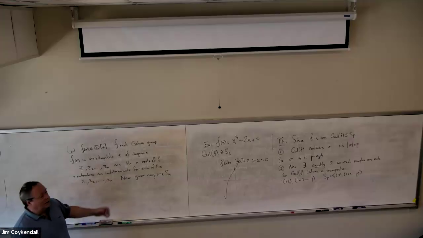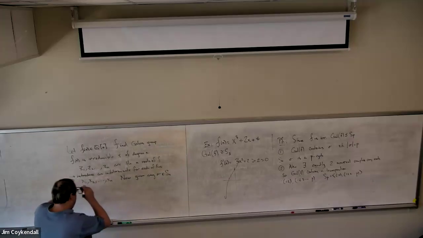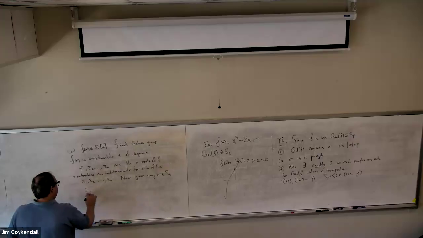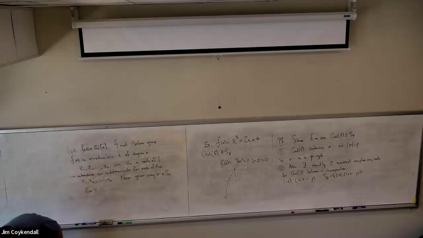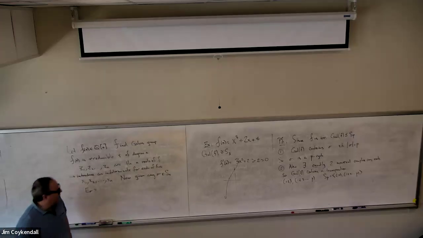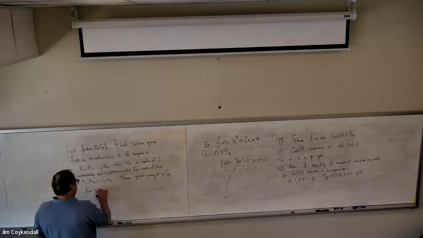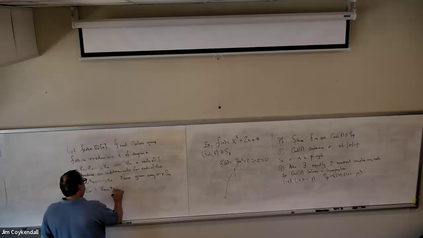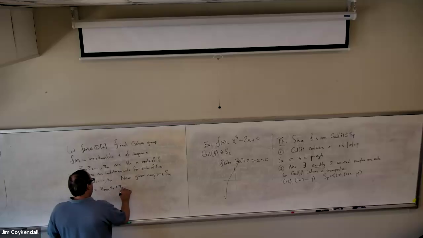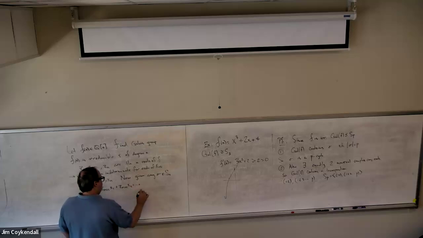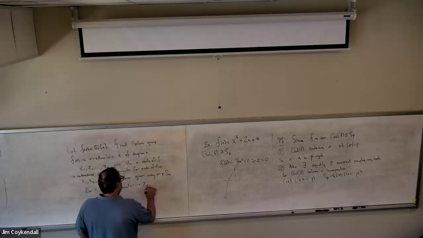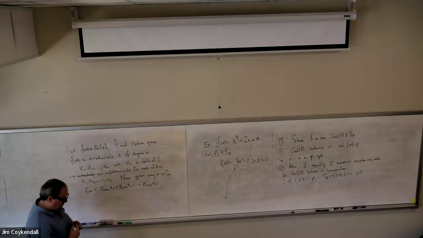There's n factorial of them. I'm going to define E sub sigma to be this polynomial in variables given this way: Z sigma 1 x1 plus Z sigma 2 x2 all the way up to Z sigma n xn.